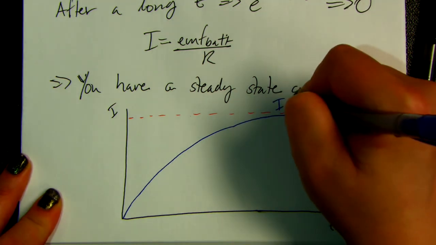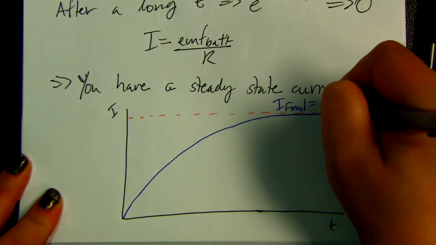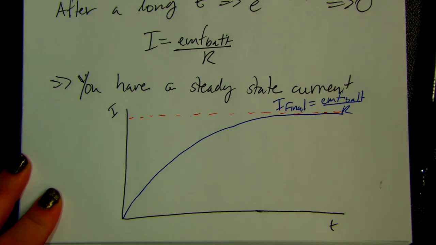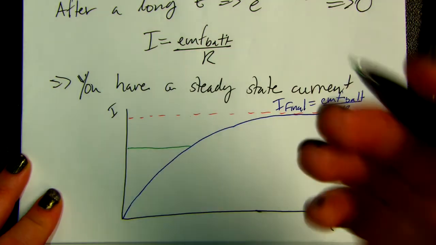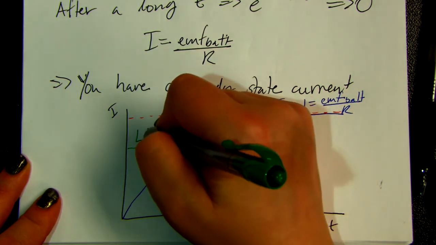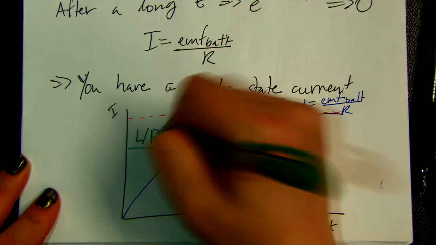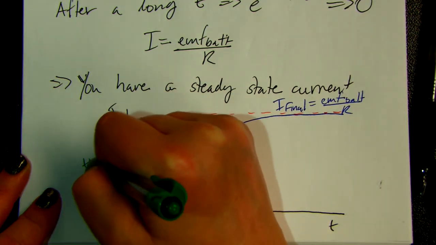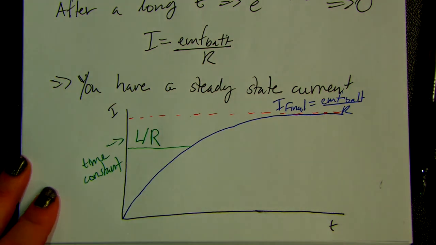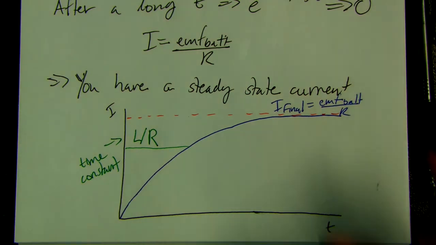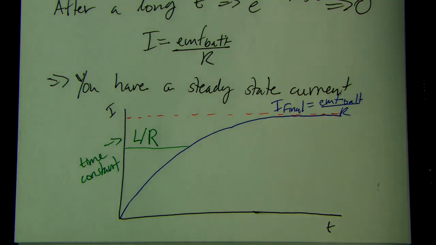So I final equals EMF battery over R. And then right around here-ish, you have L over R, which is the time constant. So, and we'll show you why L over R is the time constant. I'll give you a giant hint. It looks a lot like an RC circuit.